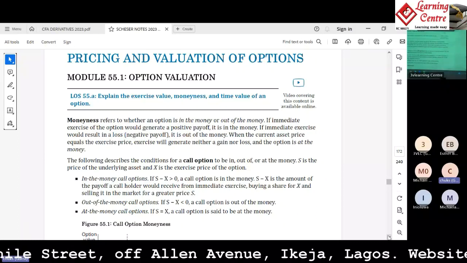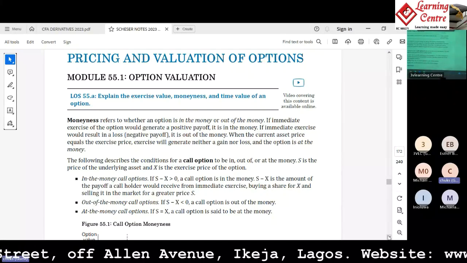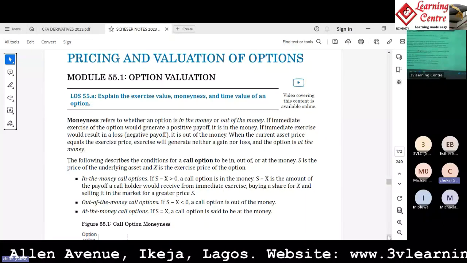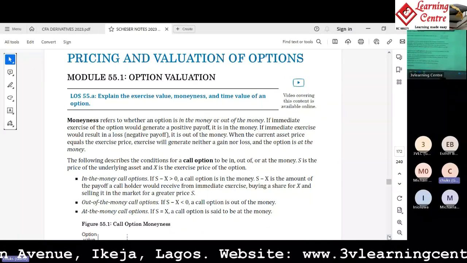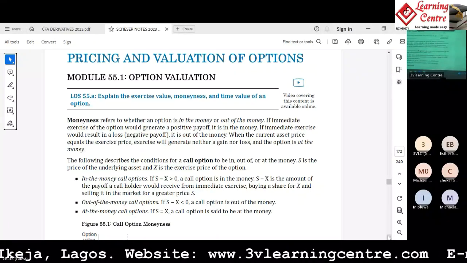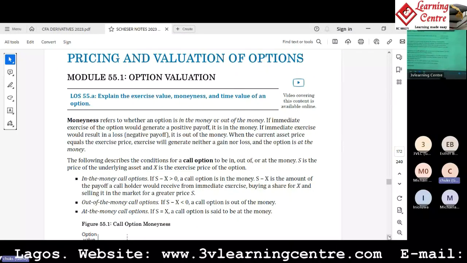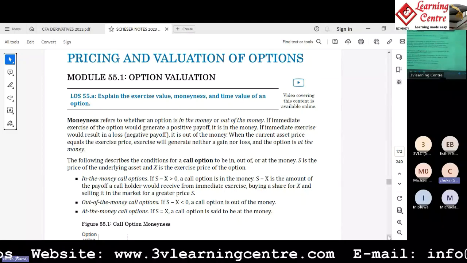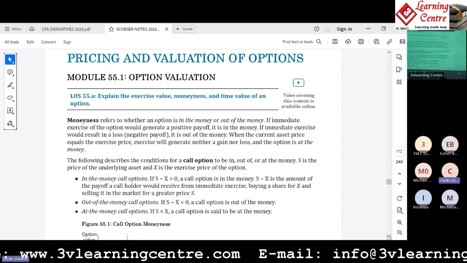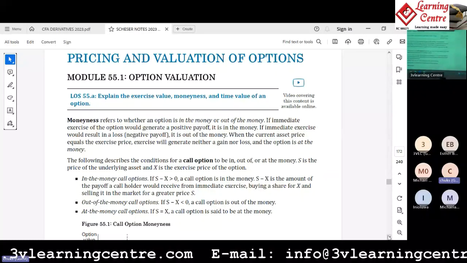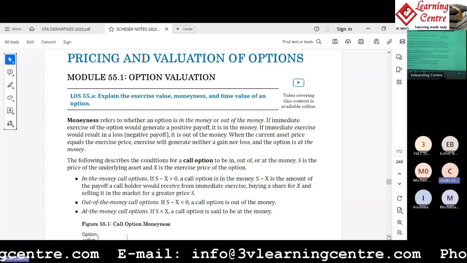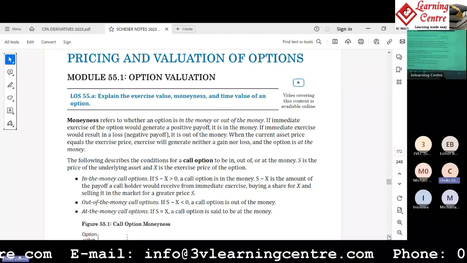On the day, that's in 3 months' time, 3 months' time is now here, and the phone in the market is 80,000. Eni will not exercise it because the market price is cheaper than the price he has agreed with Esther. However, he will exercise it if the market price is 120,000. Eni will say, oh, this is a very good deal. Thank God I had this deal with Esther. I will go to Esther and exercise my option at 100,000, thereby saving 120 minus 100, which is 20,000 naira in the process.